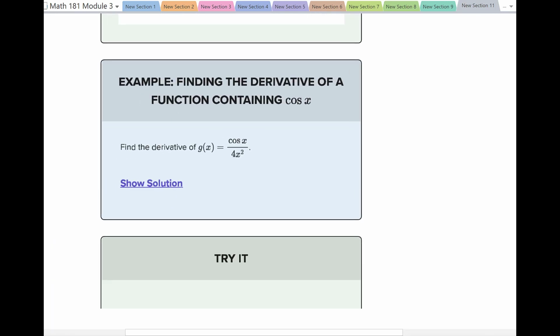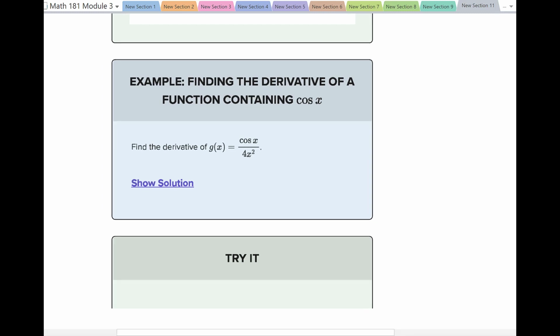Here's another one. There we could use the quotient rule. So our g prime x is going to be low, which is 4x squared, d high, which is negative sine x, minus high, which is cosine x, d low, which is 4 times 2x, all over 4x squared, squared.